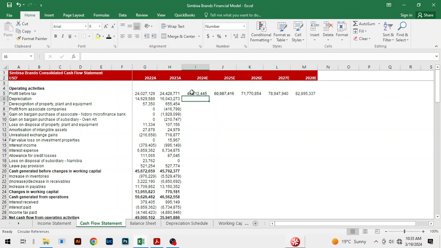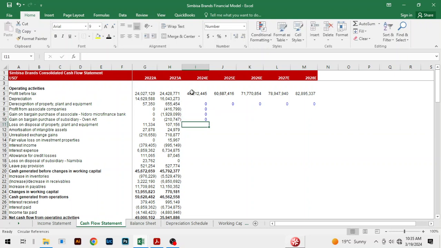Now depreciation, we're going to leave it blank for now. And then derecognition of property, plant and equipment, we have no idea what this is, so for now we just keep it at 0 until we get sufficient information to project it. Then gain on bargain purchase of associate, we have no idea about that. Gain on purchase of, we have no idea to project that.